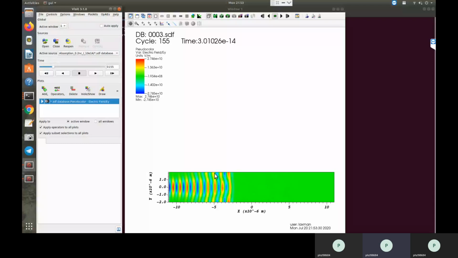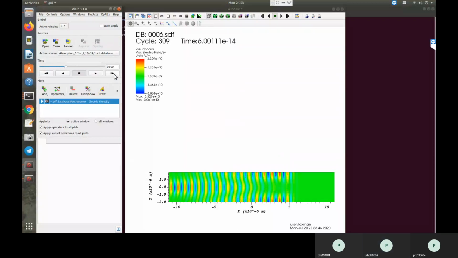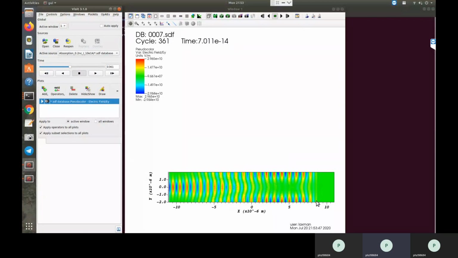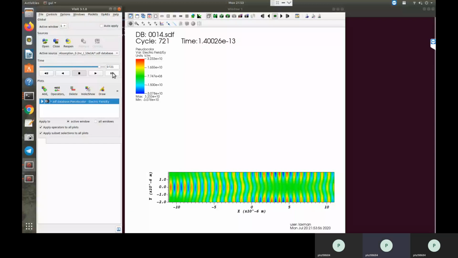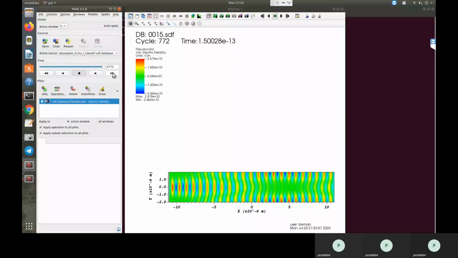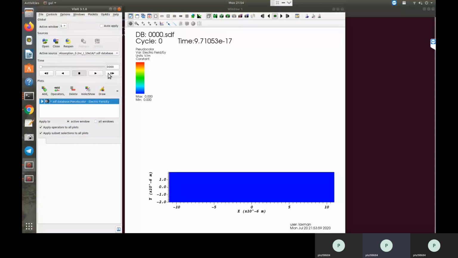As the density is less than the critical density, the laser can propagate throughout the plasma. So it is passing through the plasma like this, and it has crossed all the plasma boundary. We can see it in movie form also. It will be like this.